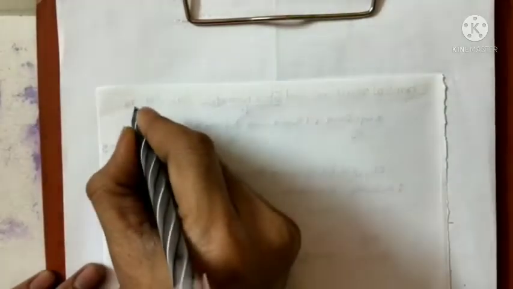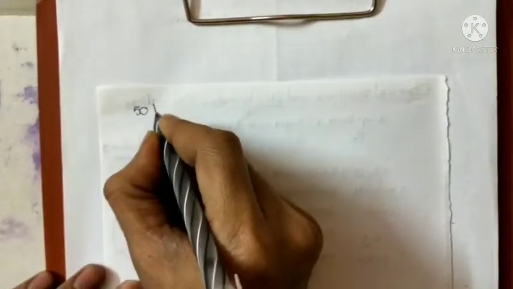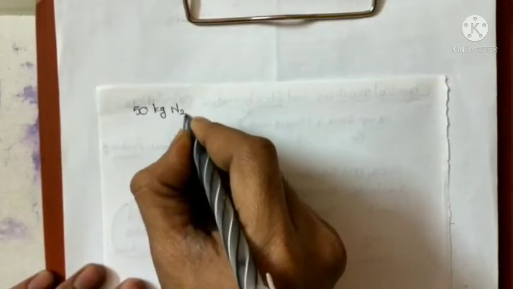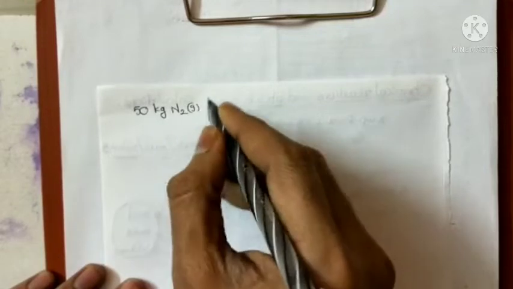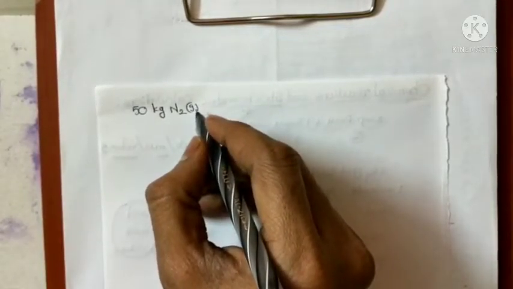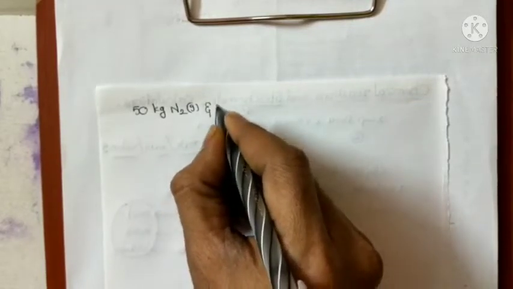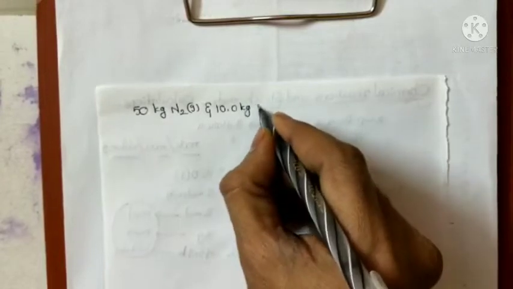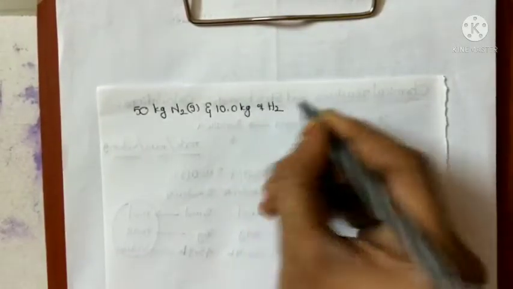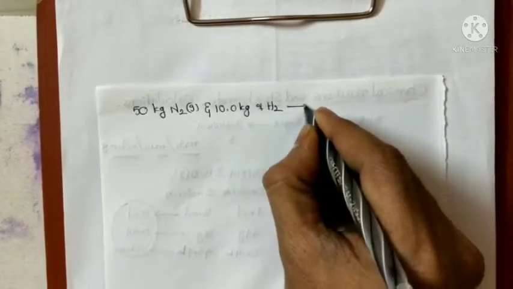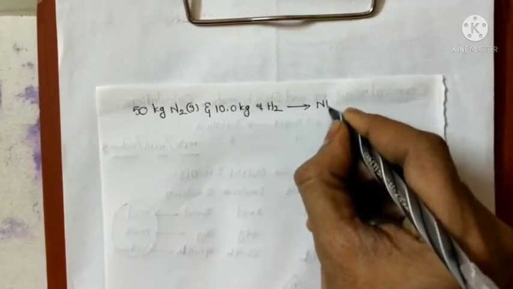In this, 50 kg of nitrogen gas is given, and it is reacted with 10 kg of hydrogen gas to form ammonia.